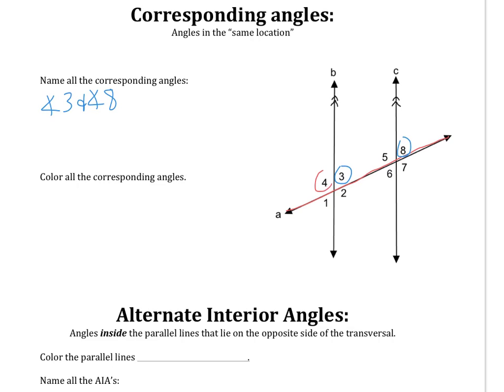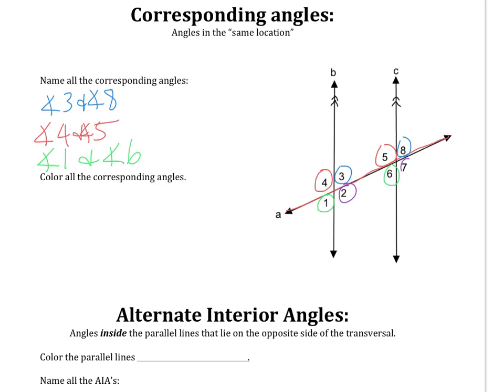I also know that 4 corresponds with 5. So angle 4 and 5. I'm going to do a different color here. I'll try green. So 1 corresponds to 6. And we'll do purple.